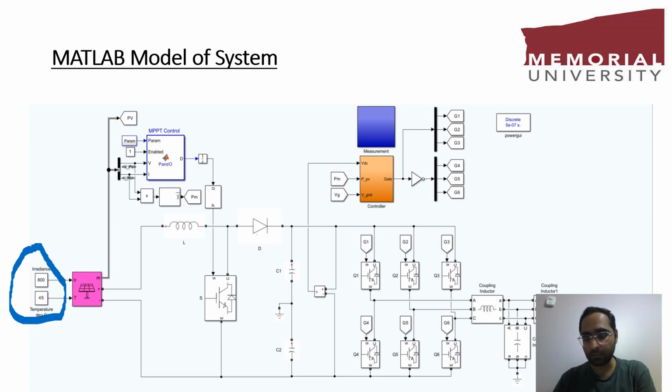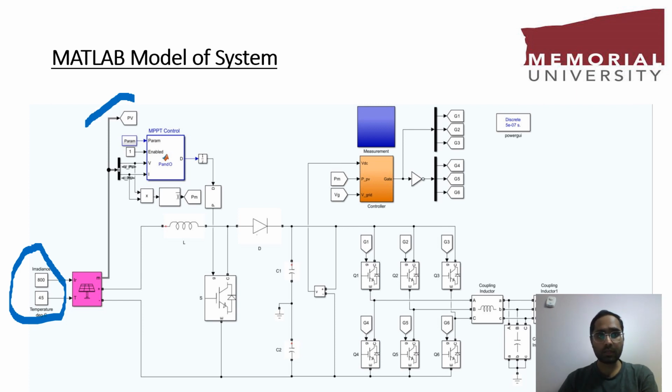We are changing the temperature and the irradiance level to see how much the power output changes with these input parameters. In the coming slides I'll be discussing three different cases, but right now we can see that when we change the temperature and the irradiance, the output of these PV cells changes.